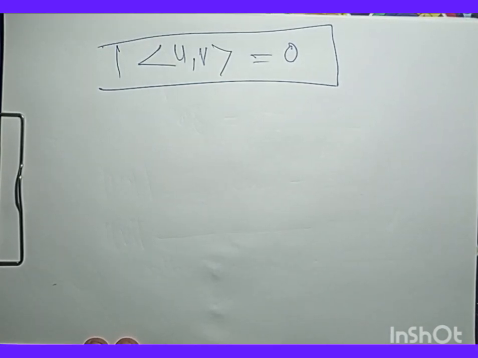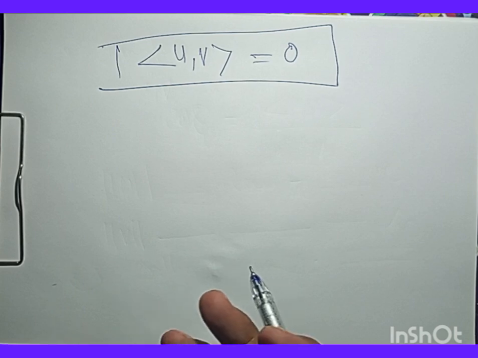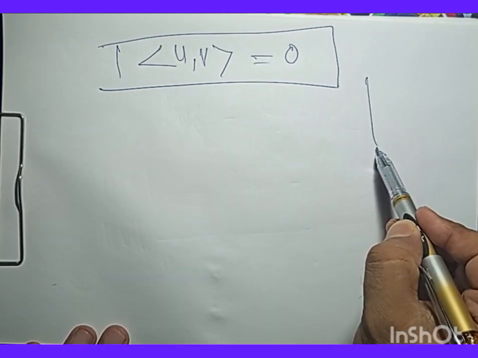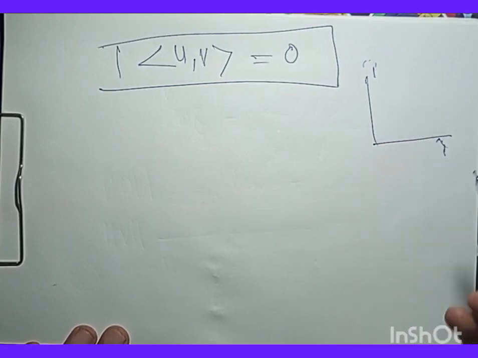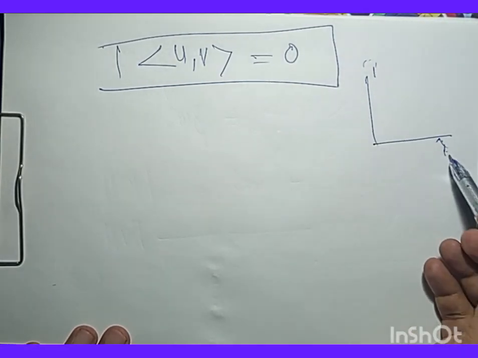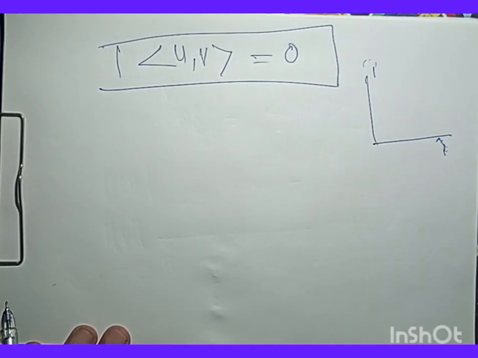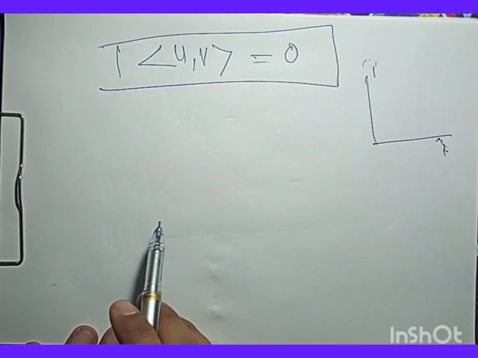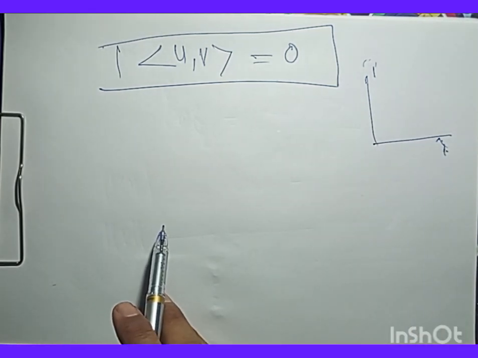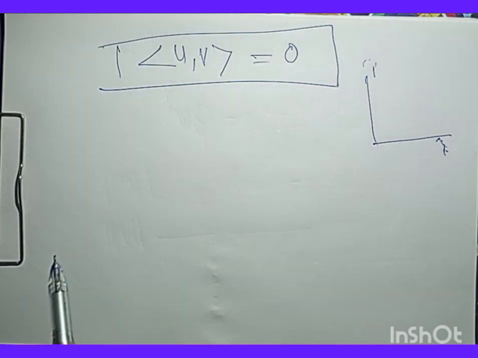In geometric terms, orthogonality means the vectors are perpendicular to each other. So if I have i cap and j cap, they are orthogonal vectors because they are perpendicular to each other. And if you take the dot product of these two vectors, the result is equal to 0.